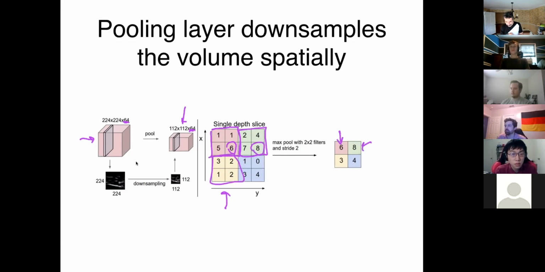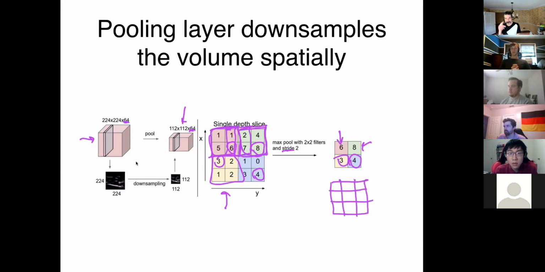For this guy is 3, 4, right? So this is the way things are done, with a stride of 2, right? With a stride of 1 it would be first here, then the second, third, right? So the output would be larger. It would be 3 by 3 as a result.